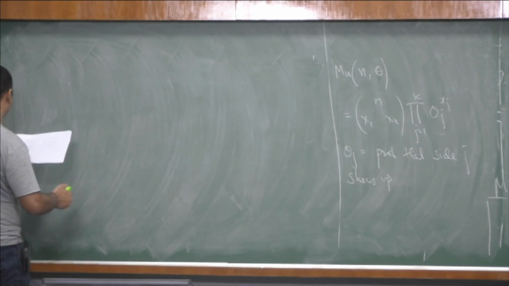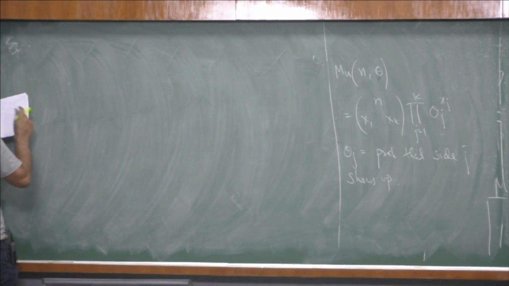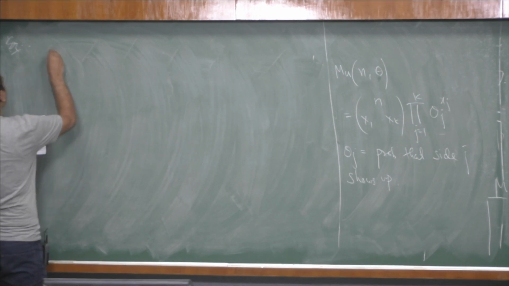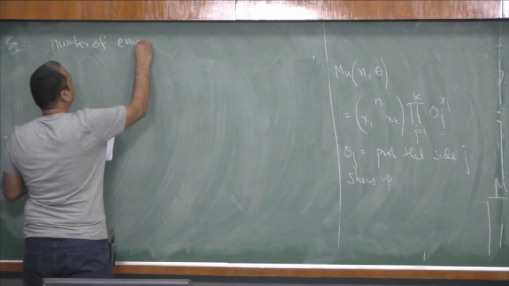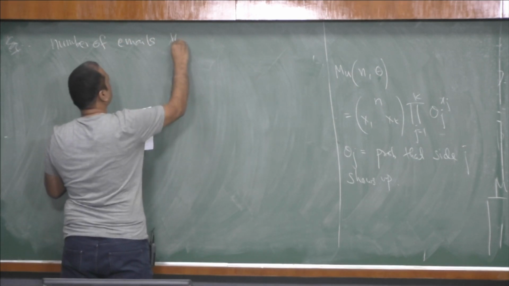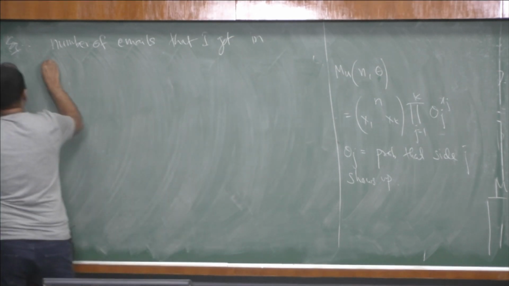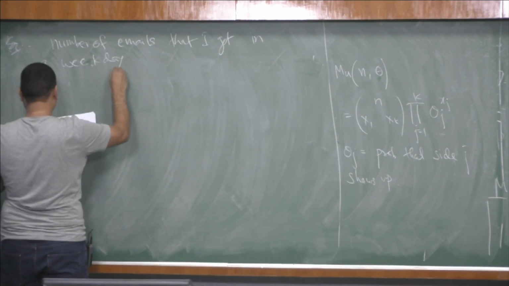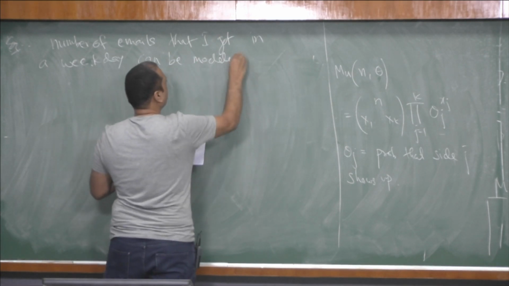Example: the number of emails that I get in a weekday can be modeled by Poisson.